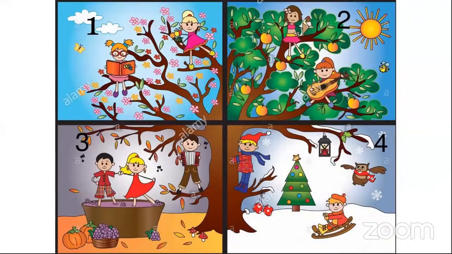Picture number 2. There are also 2 girls. One is playing a guitar. And tell me about the tree. What can you see in the tree? Yes. Are there any flowers on the tree?